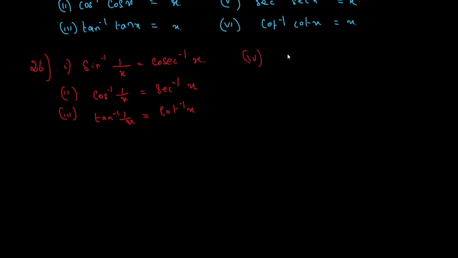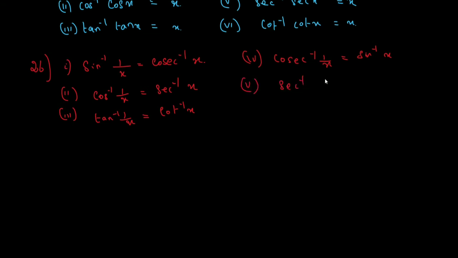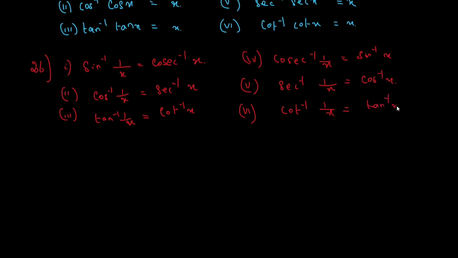Fourth one: cosecant inverse 1 by x is sin inverse x, since the cosecant reciprocal is sin. Then secant inverse 1 by x will be cos inverse x. Then cot inverse 1 by x will be tan inverse x.